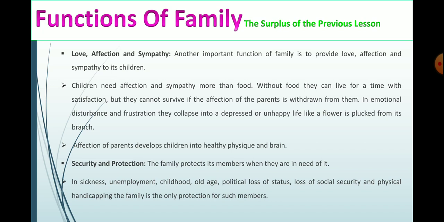When a member of the family is unemployed or loses his job, it is the responsibility of the family to provide whatever is needed for him. And whenever in childhood as well as old age and political loss, in all these cases, it is the responsibility of the family to provide all the necessary services for its members.